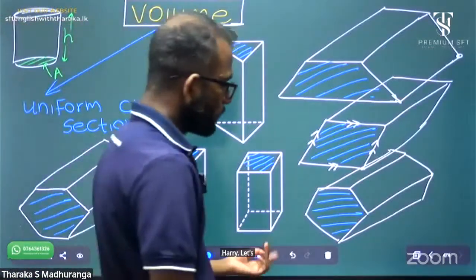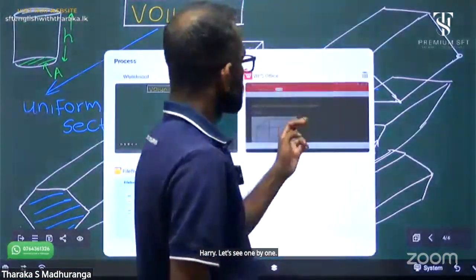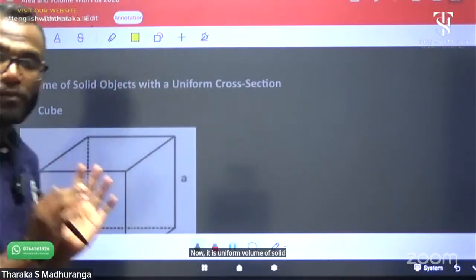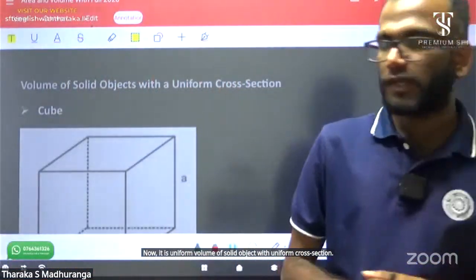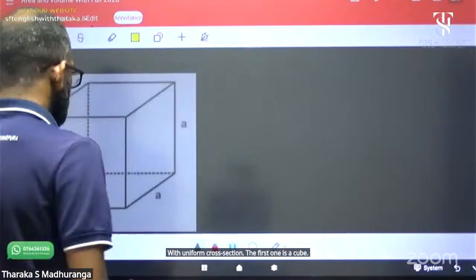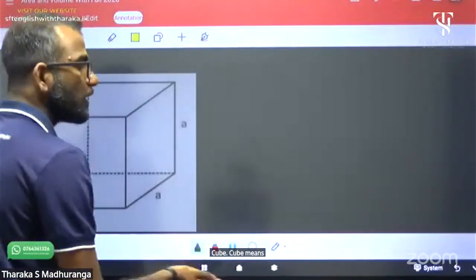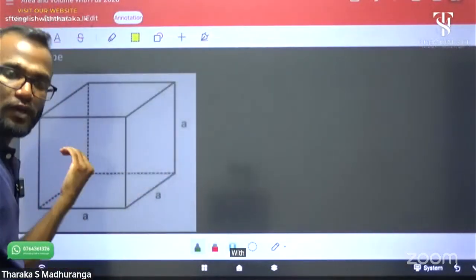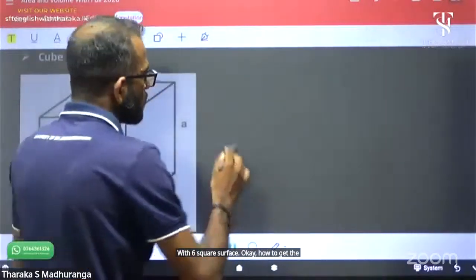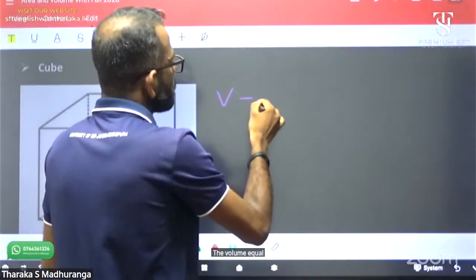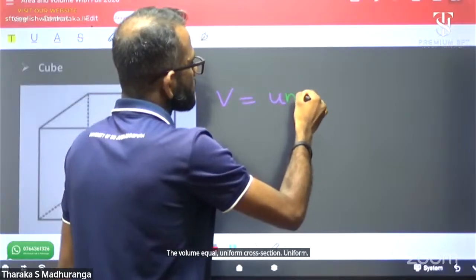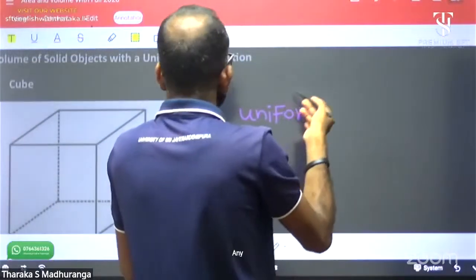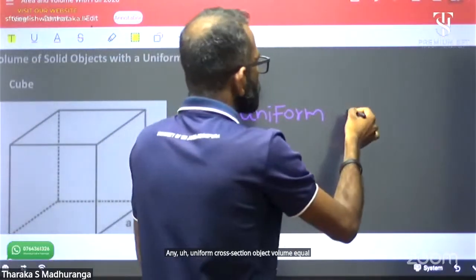Let's see one by one. Now the volume of a solid object with uniform cross section. The first one is a cube. Cube means each side is the same, with 6 square surfaces. How to get the volume?